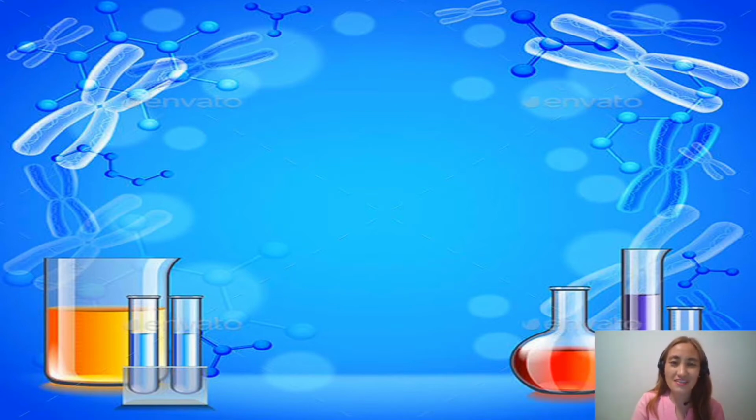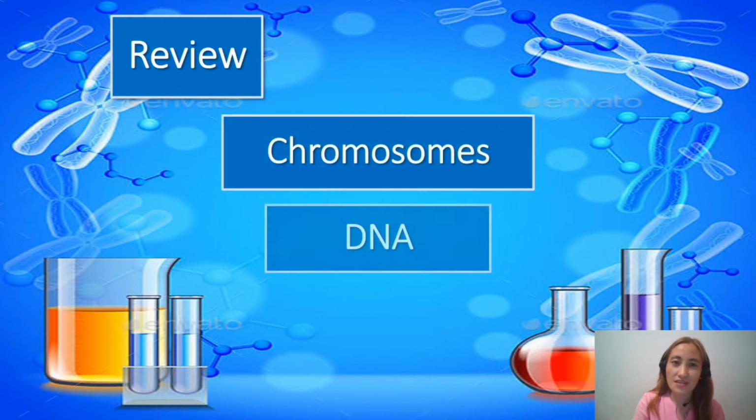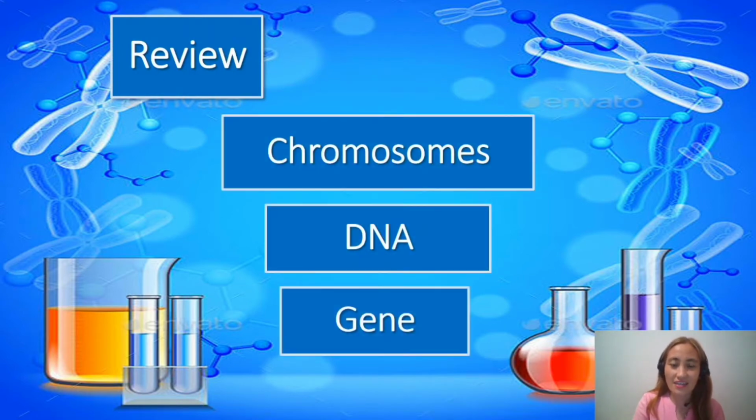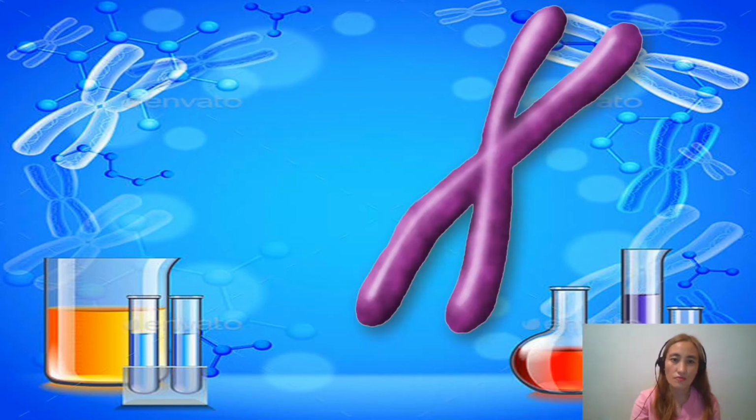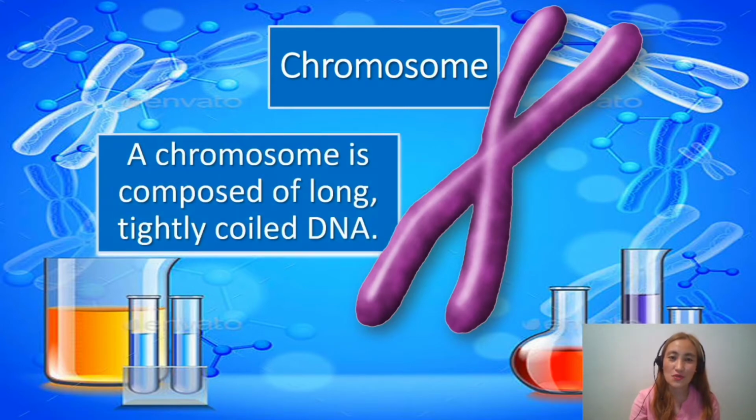But before we discuss that, let us first have a review of our previous lesson about chromosomes, DNA, and gene. What is it? It's a chromosome. A chromosome is composed of long, tightly coiled DNA.